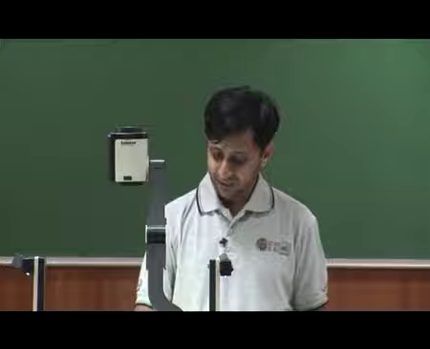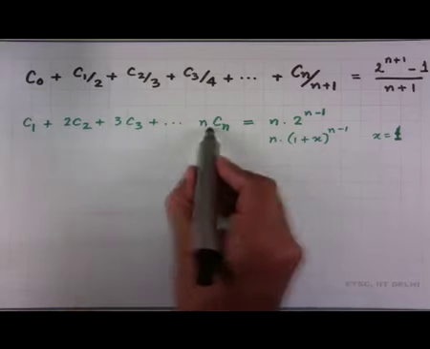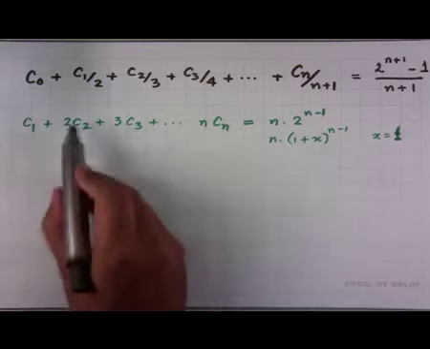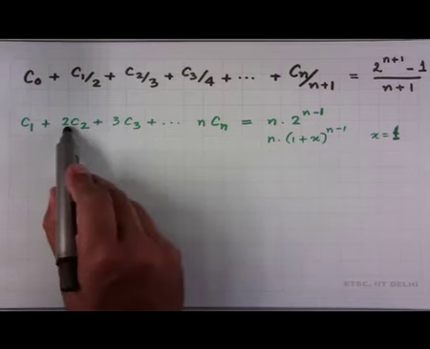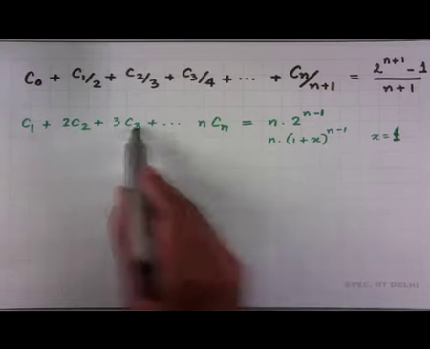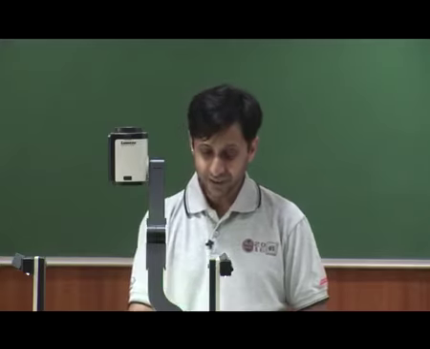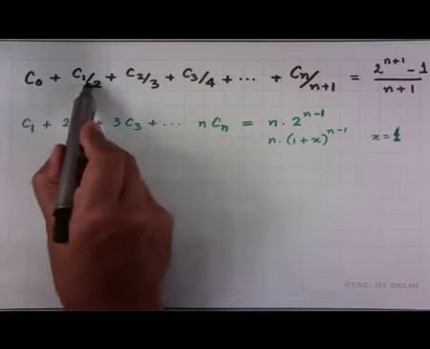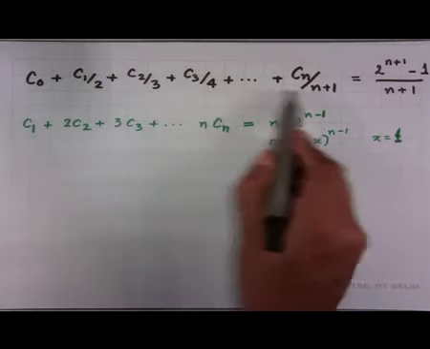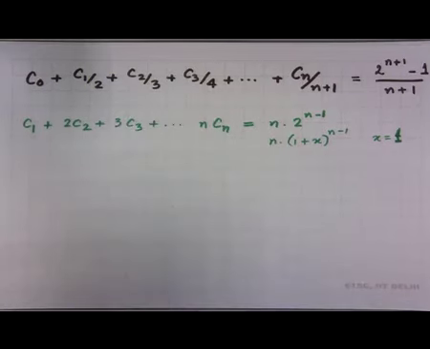But look, here the coefficients were increasing. The coefficient of C2 was increasing, 2C2, 3C3 and so on. It reminded you of differentiation. Here you are getting by 2, by 3, by 4, and what does this remind you of?